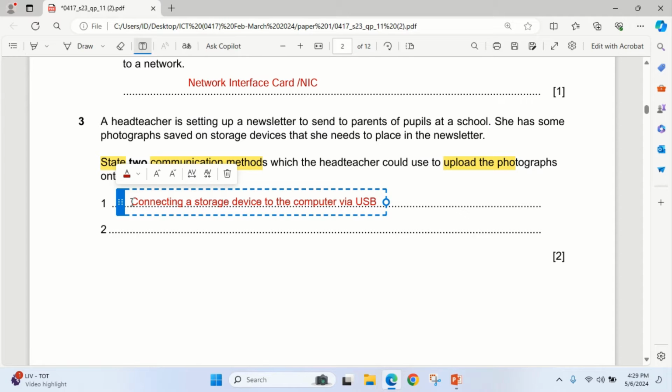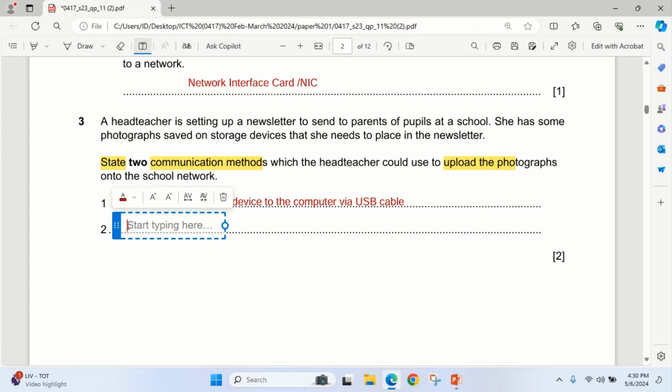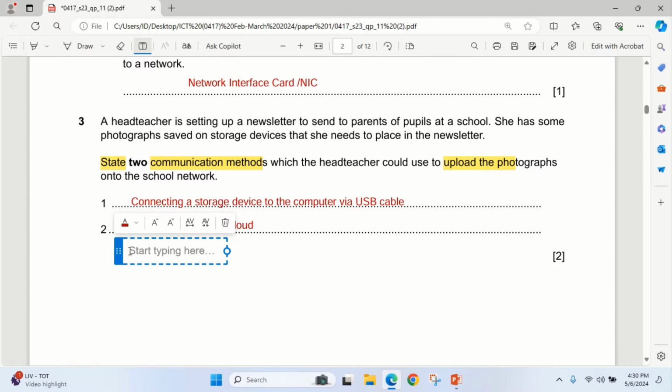Okay, then you could also connect via cloud. Connect by Wi-Fi to the cloud or the device Wi-Fi. She could also connect by using Bluetooth.